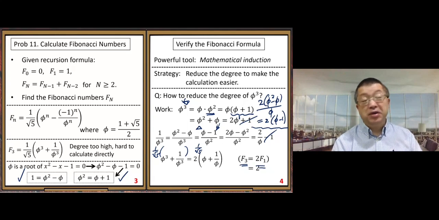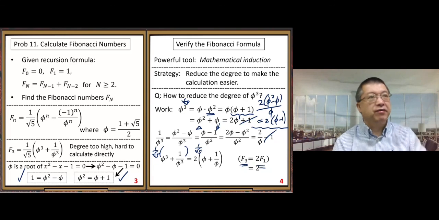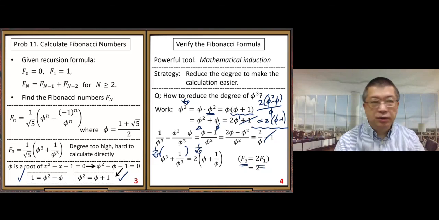But you can see we need to do a lot of transformation using the 2 properties of phi. All right. So now we have enough practice. Here, I tried to give you a little more chance to do the practice.